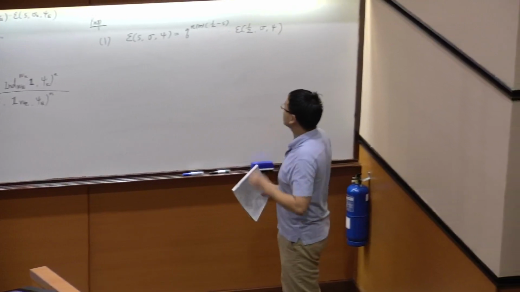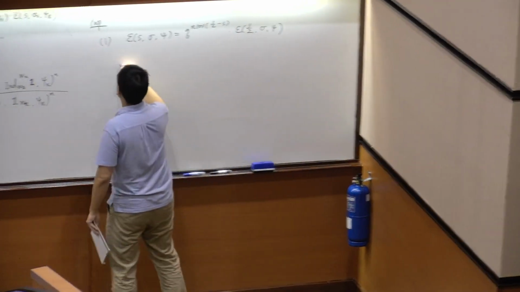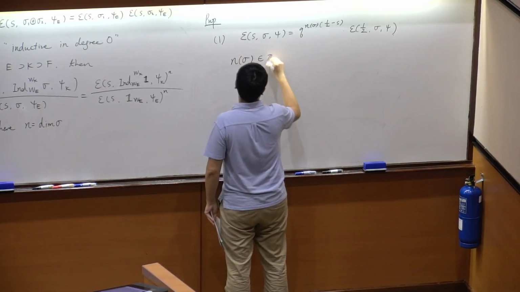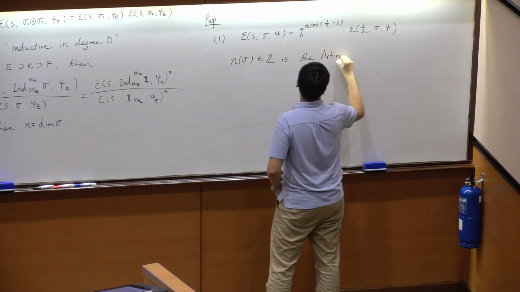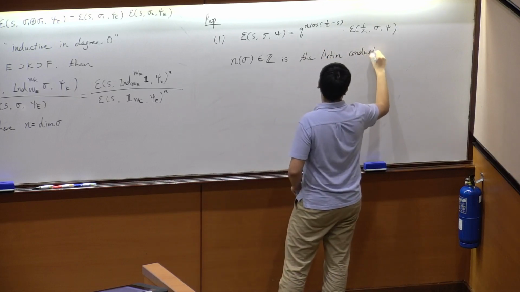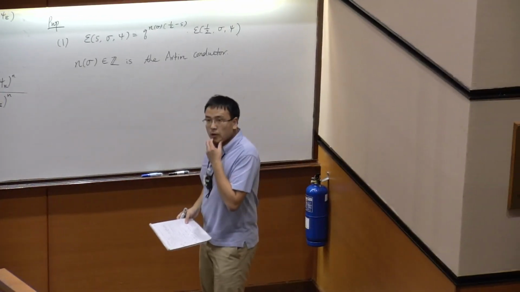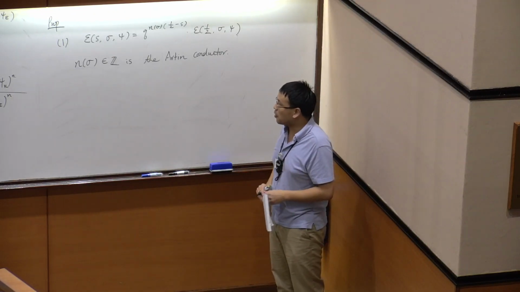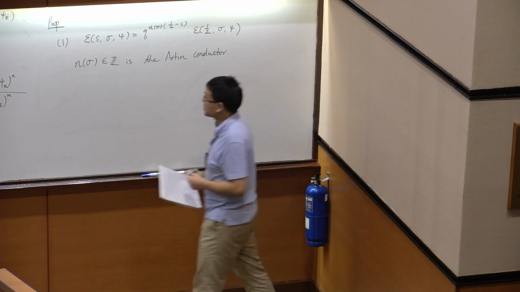Okay, so let's see. Here we have the n sigma is the Artin conductor. Okay, and in general, without restricting the Haar measure or the additive characters, we always have the functional equations for the epsilon factor.